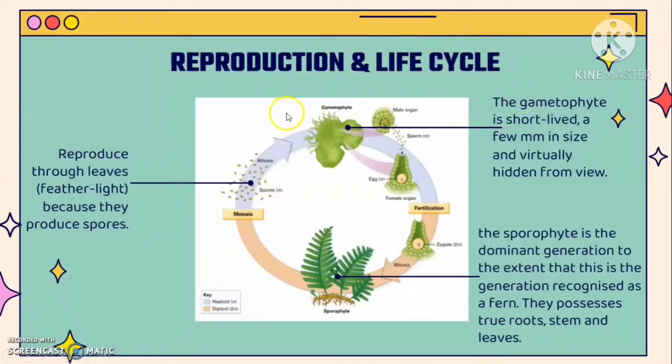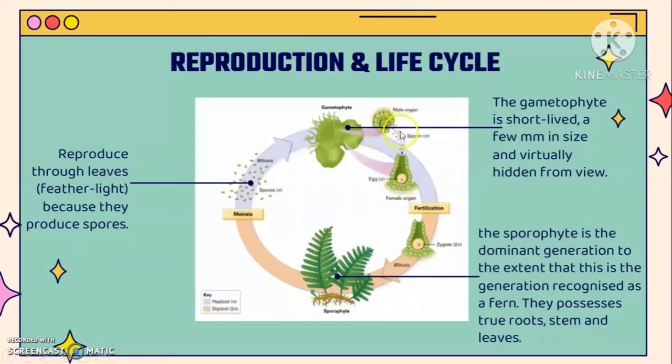Second is about the reproduction and life cycle of the Pteridophyta. First, they reproduce through leaves, which are feather-like, because they produce spores. The spore undergoes mitosis and becomes a gametophyte. In the gametophyte, they have a male organ and a female organ, which is the egg.